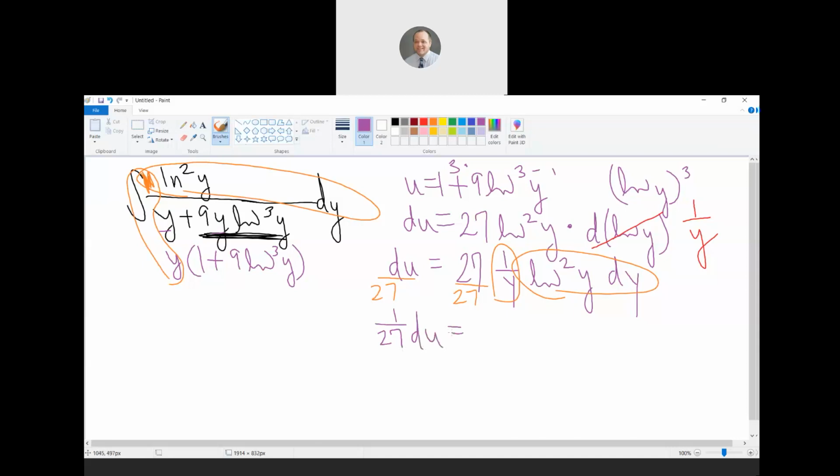And all that really means is when we plug in our u and du, we'll have 1 over 27 in front of our integral. Before I plug in everything, is everybody okay so far?